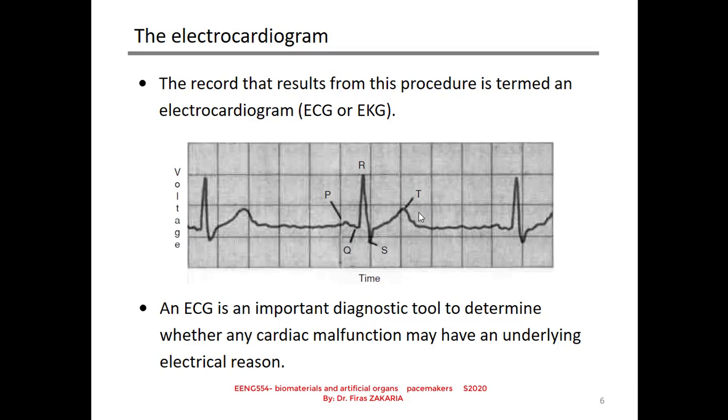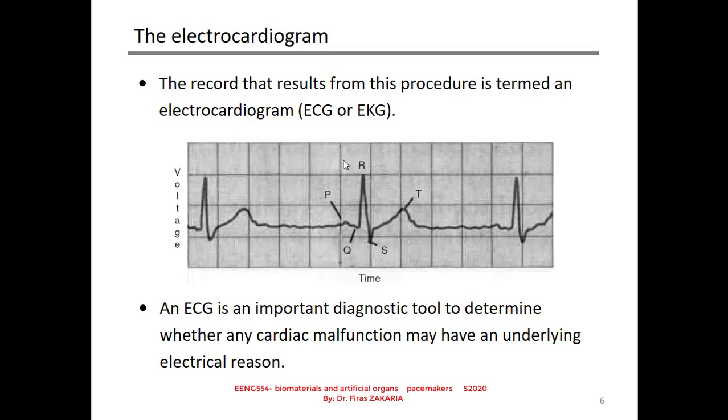One note: when a T wave occurs in the opposite direction of the QRS, for example if the QRS is positive and the T wave is negative, this may be an indication of cardiac pathology, a problem in the heart. So the T wave is also important and may be an indication of many heart pathologies.